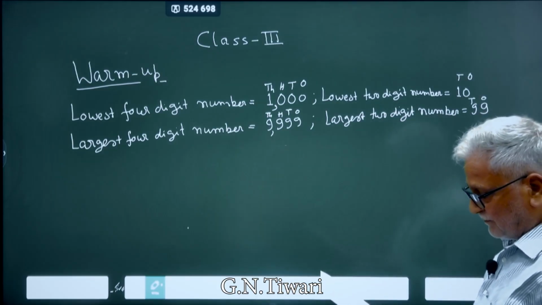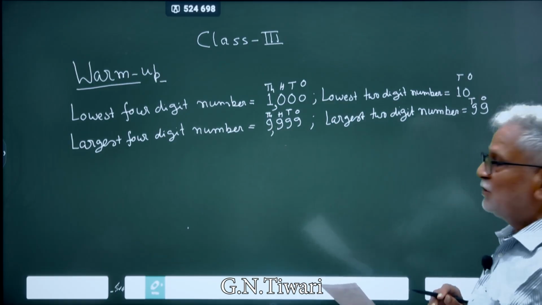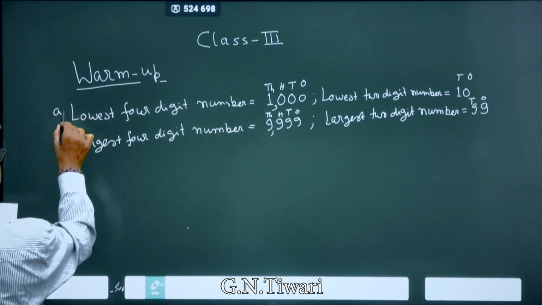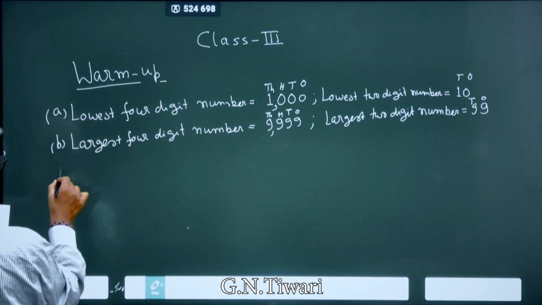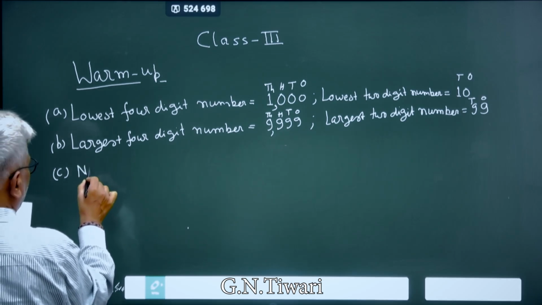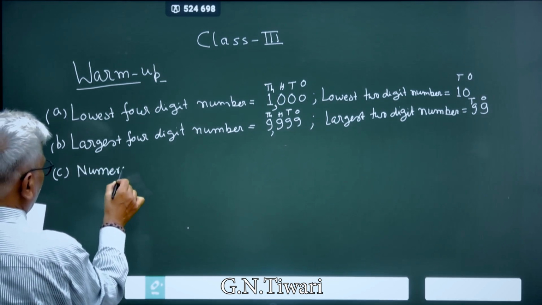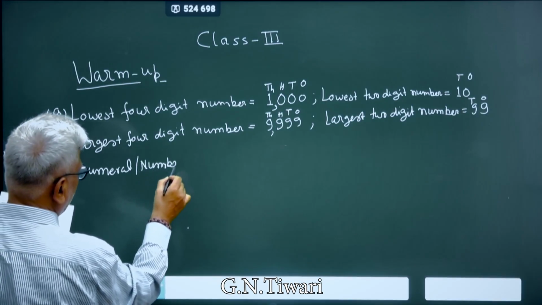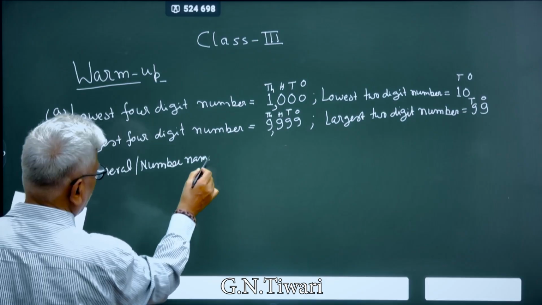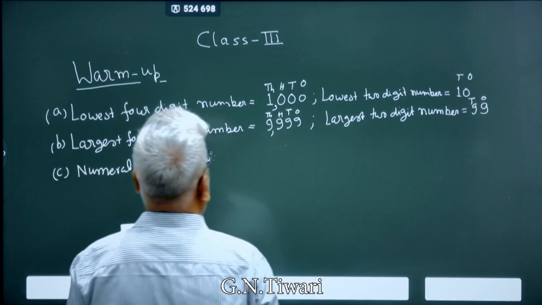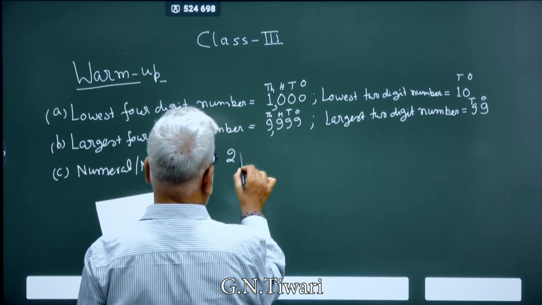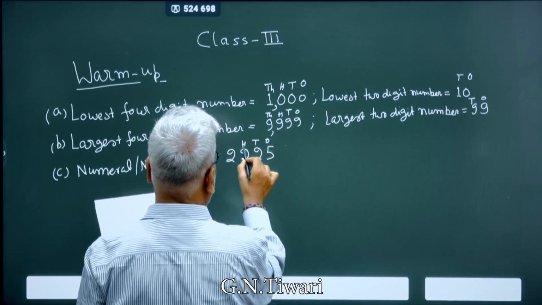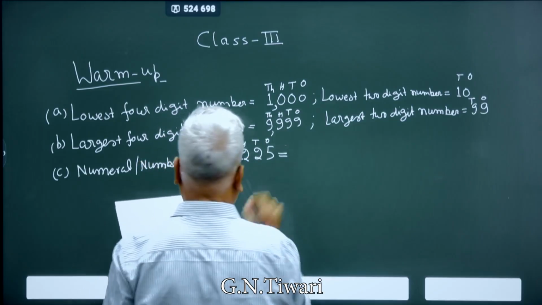Now look, suppose someone asks for the numeral name. Let me call this A, this B, and this C. Numeral and number are the same. Suppose 225 with O T H T H. So what is the numeral name?